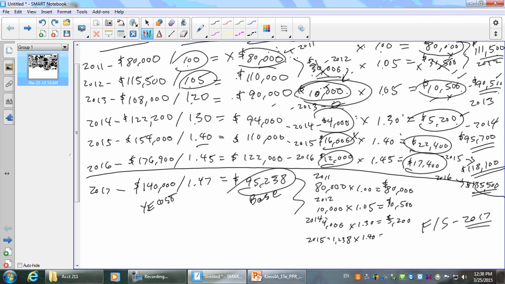So I did keep a bunch of them. What's 1,238 times 1.4? 1,733.2. And all I do is add those up, and I know what my financial statement would have in 2017. So 80 plus 10.5 plus 5,200, what was that, 95.7? So it's 96,433, is that what it is? What do you guys got?